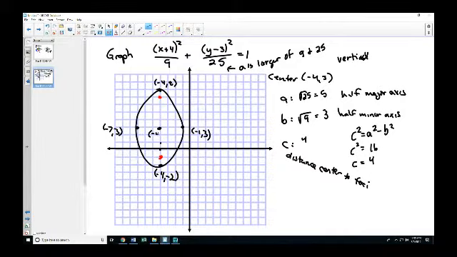Your center is -4, 3. Okay, and then the foci -4, -1, and -4. It does make it easier, although my major axis points all have the same x. In this case, sometimes it's the same y value, but here you go.